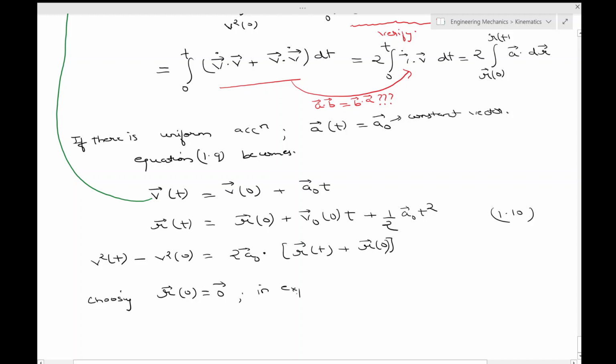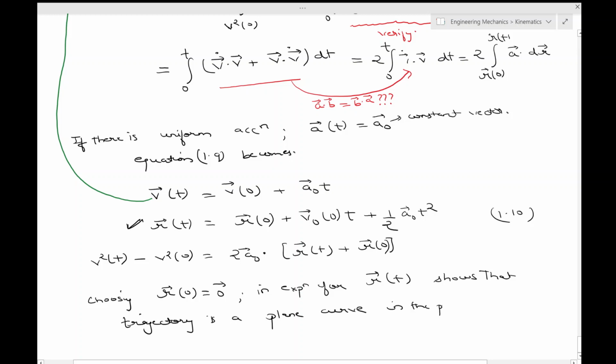If this is done in the expression for r of t, then this will show that the trajectory is a plane curve in the plane of v of 0 and a of 0.